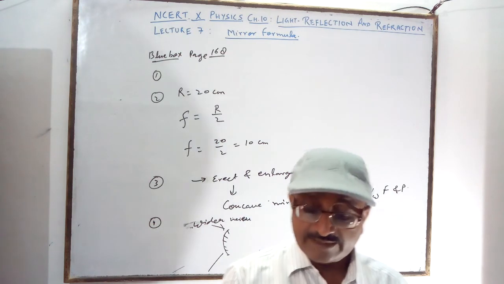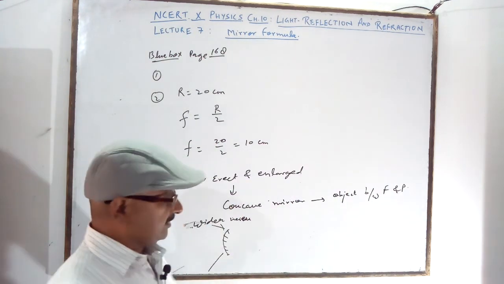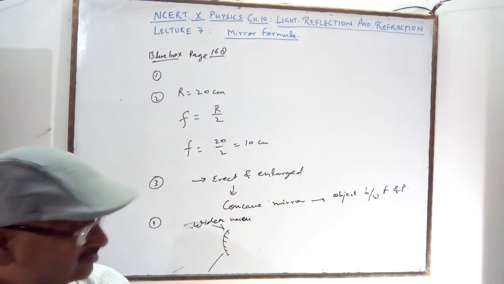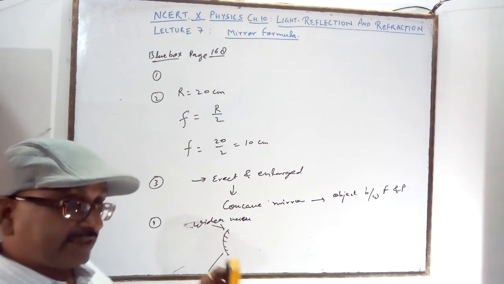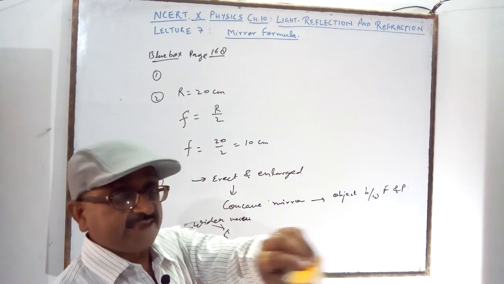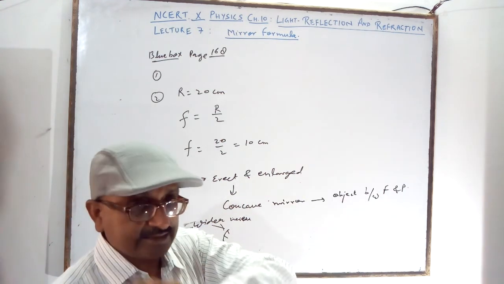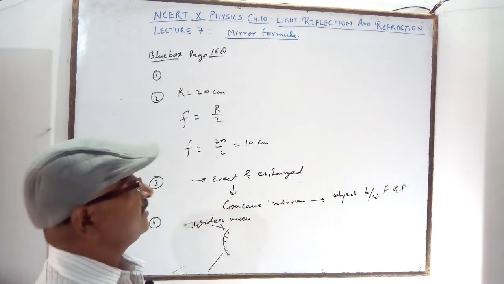That's why we use it as a rear view mirror. The image is erect because the driver sees the vehicles coming from behind. The image is small, and when the vehicle comes near its size increases.